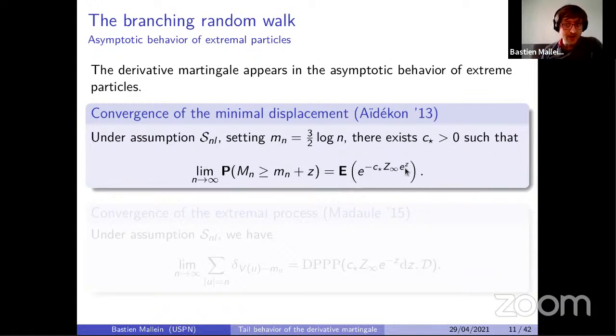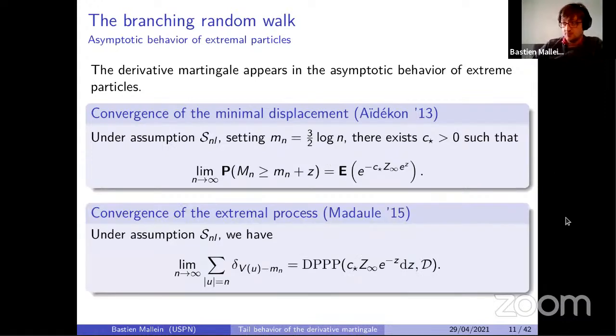Another way of saying it is that the minimal displacement minus 3/2 log n converges in distribution to a Gumbel random variable shifted by the log of the limit of the derivative martingale. So the derivative martingale appears in the limit of the minimal position of the branching random walk at a large time.